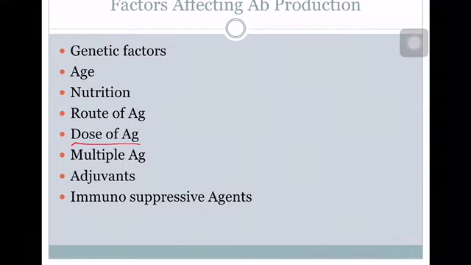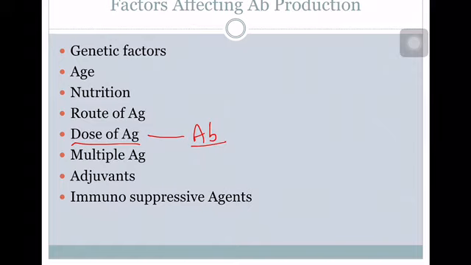The next one is the dose of antigen. Antibody production is always dose dependent. A minimum critical dose of antigen is required to stimulate the optimum production of antibodies.